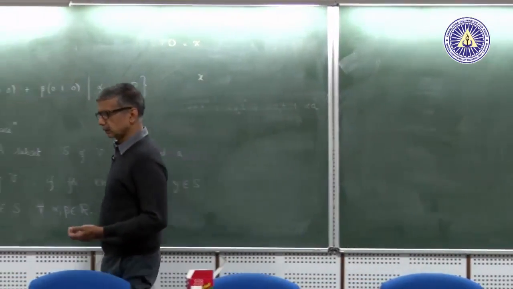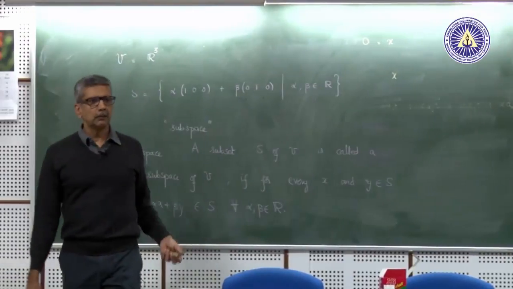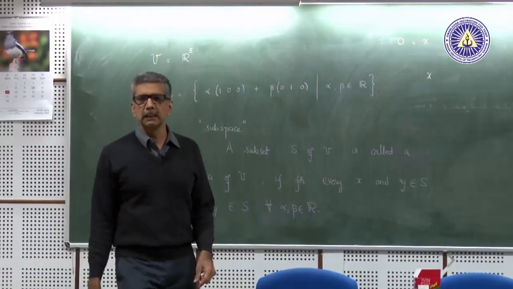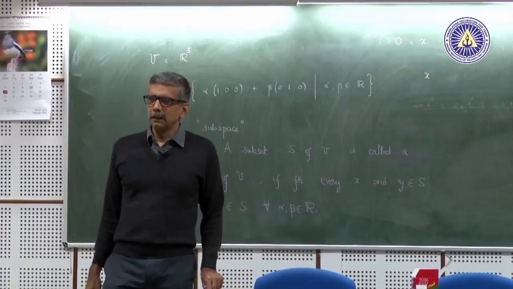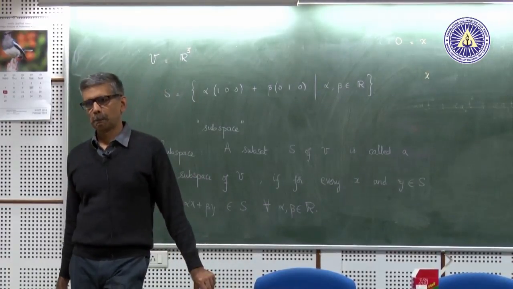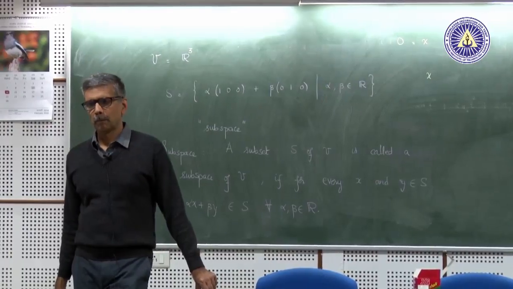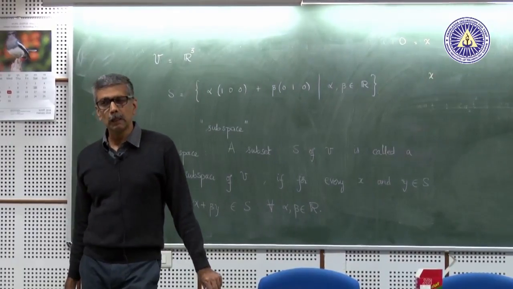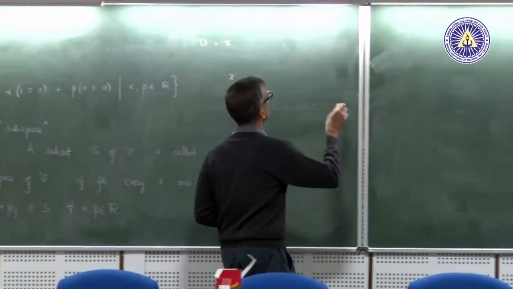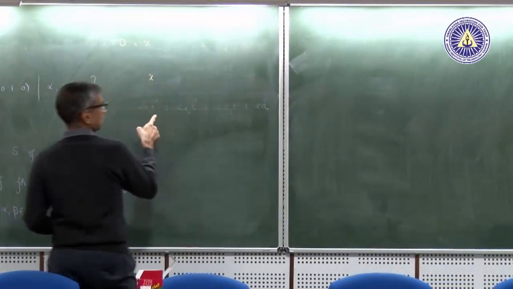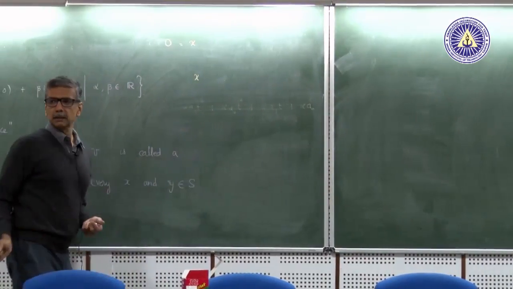So, in the set of polynomials of degree less than or equal to 3, can you give me an example of a subspace there? Polynomials of degree, remember I have erased it, it was like this.